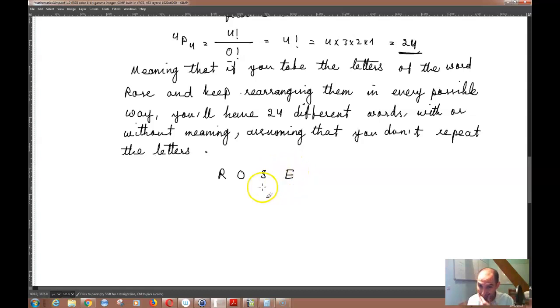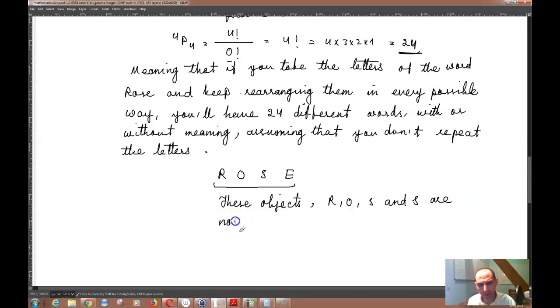So in this word no letters have been repeated, meaning that if I take these letters as objects, these objects, R, O, S, and E, are non-repeating.